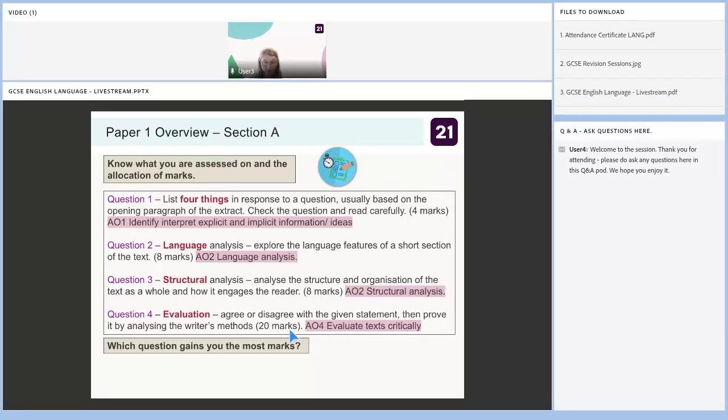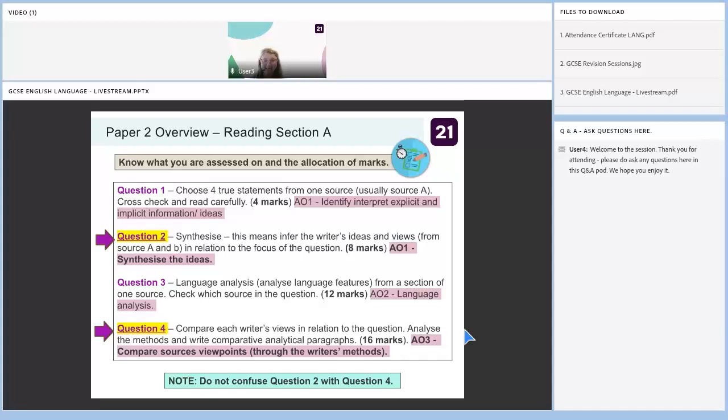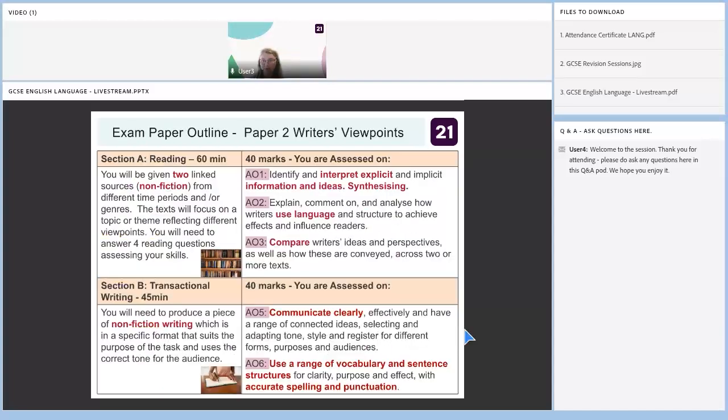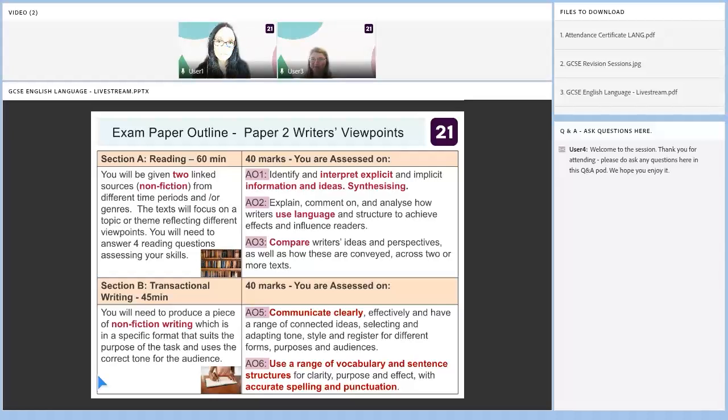Do make sure that you allow enough time for question 4, and do bear in mind that you need to make sure you're focusing on language for question 2 and structure for question 3. And they would be my main top tips. I will speak to you again a little bit later on when I'm going to talk to you about the writing. But for now, I will hand over to Shamima.